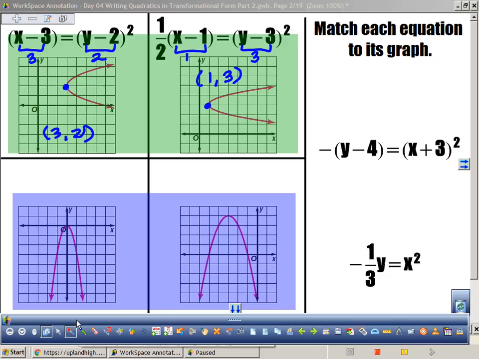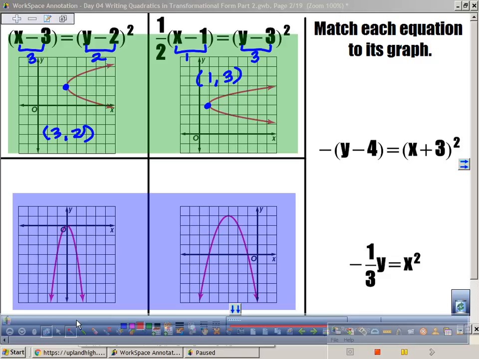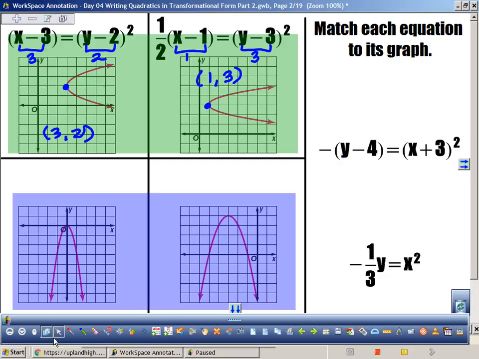Okay, so which one's which on these two here? But Sarah, where would I put this one? The one on the right or the one on the left? The one on the right. Can you tell me why?